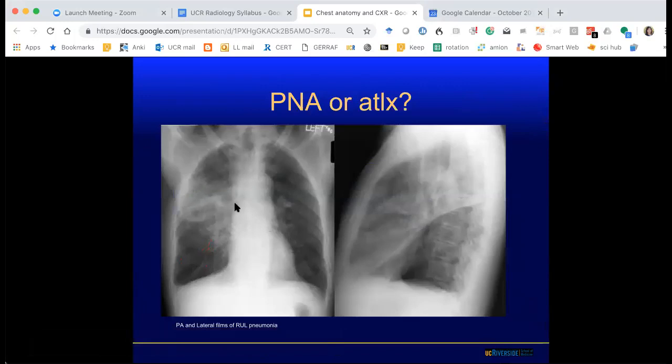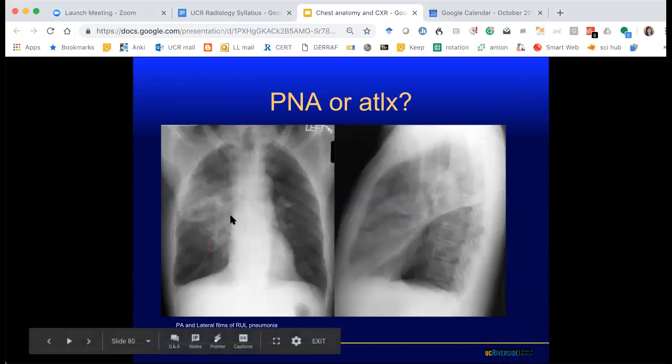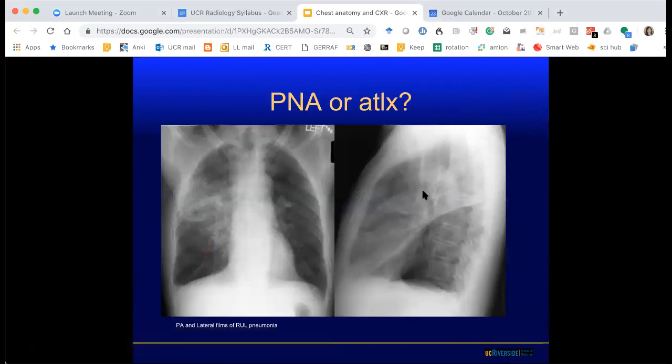This is the right upper lobe, right? If it was the right middle lobe, the right heart border would be out, but here the right heart border is maintained. The right lower lung field is clear. On the lateral radiograph, we see that airspace opacity here, filling up this space.